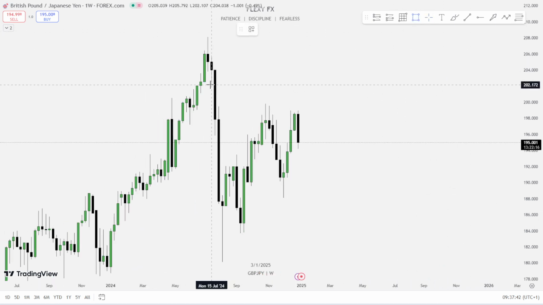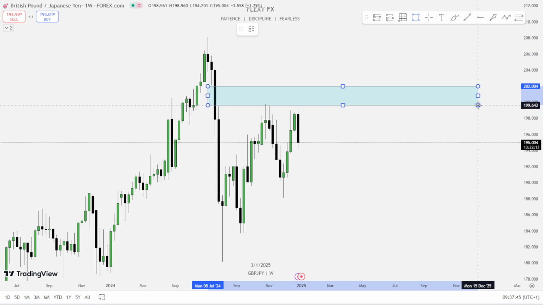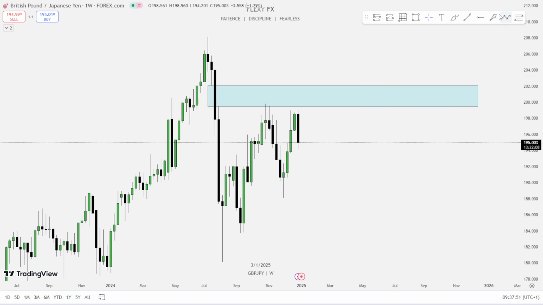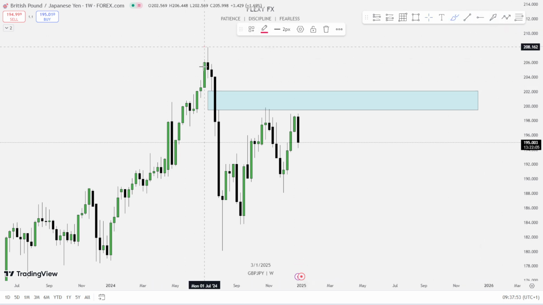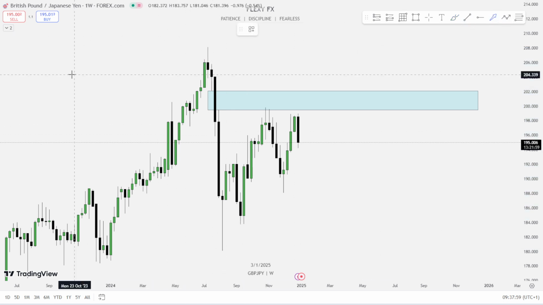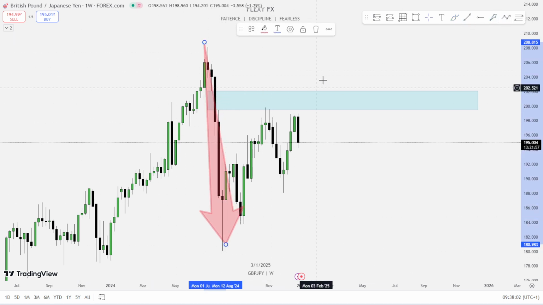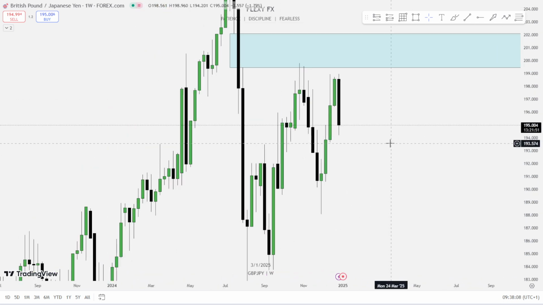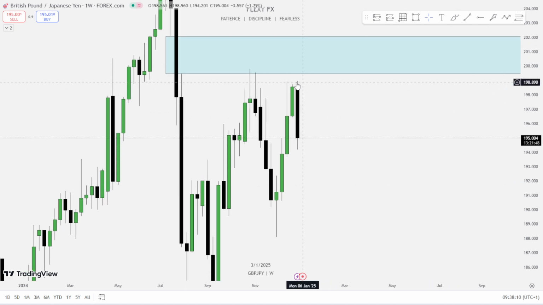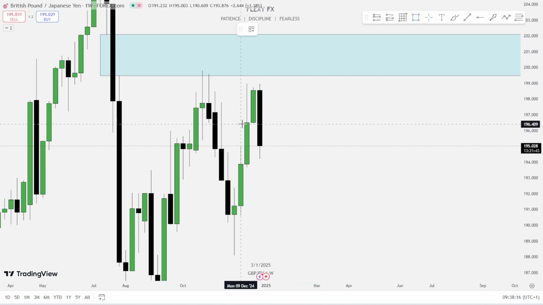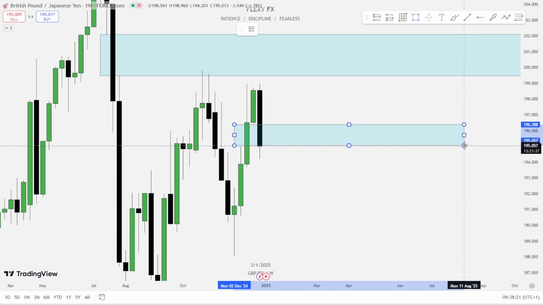If you look from this higher time frame, after this big displacement, price has left us with an imbalance right here, which price is definitely going to fill. And if you look closely, from this bearish engulfing candle on the weekly time frame, price has traded into a significant area, which is this imbalance.